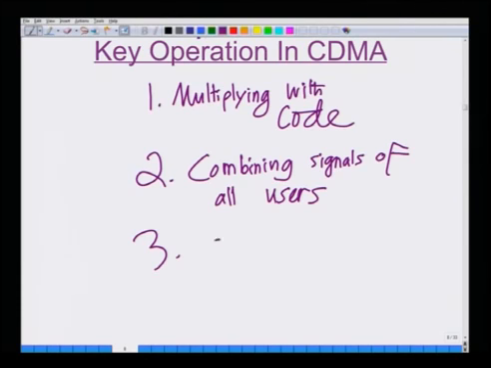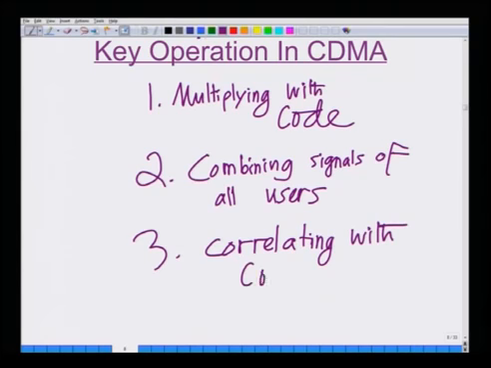Hence, the third step at the receiver is correlating with the code to recover the corresponding signal or symbol corresponding to that user. So, these are the 3 steps of CDMA, that is multiplying with the code, combining the signals of all the users, and then correlating with the code at the receiver to recover the signals of these users.